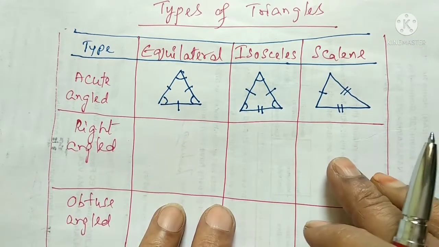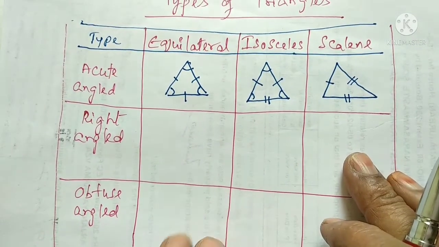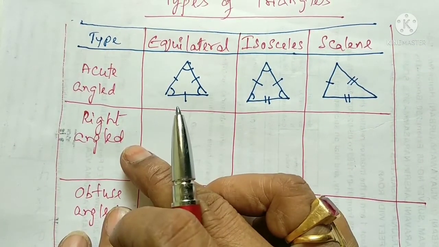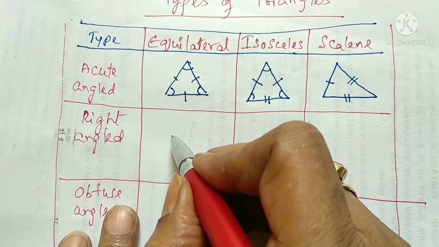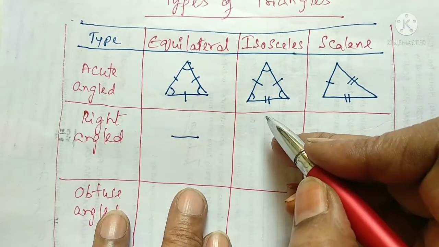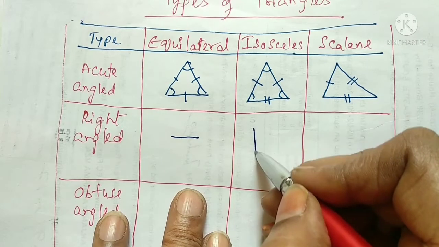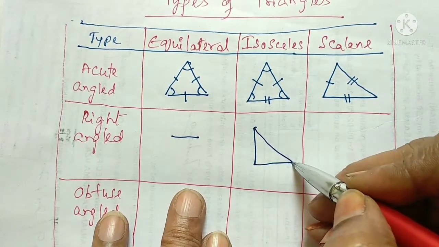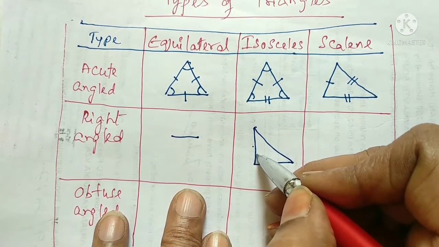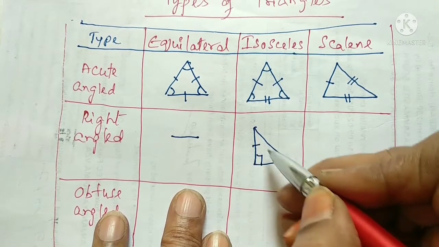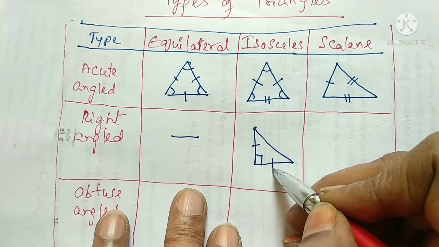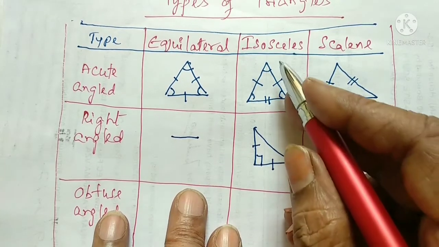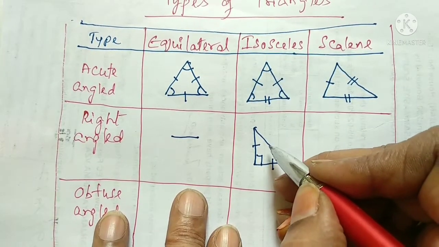So this is a scalene and all angles are acute angled. Okay. Now, right angle. In case of right angle, we can't draw an equilateral triangle. So in case of isosceles, this is a right angle triangle. These two sides are equal, so it is isosceles, and this is different.